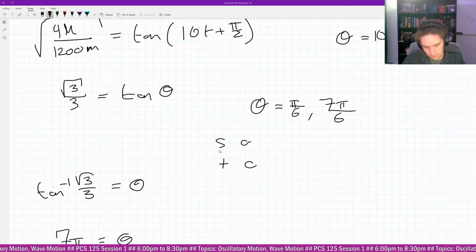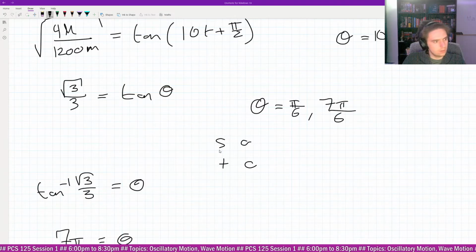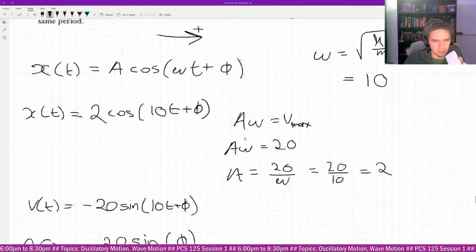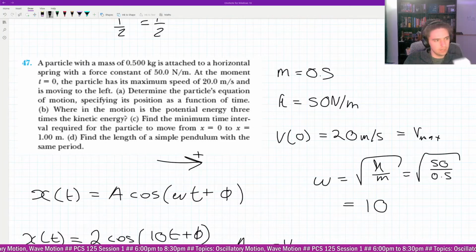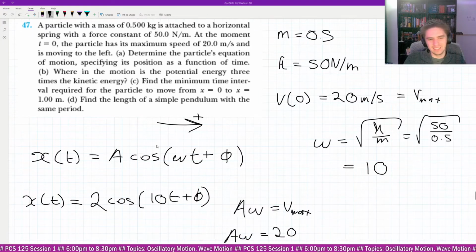Wait, is this part C that I'm doing? Somehow we got the answer to part C, but whatever. No, not really the answer, I guess, just a coincidence that this number.